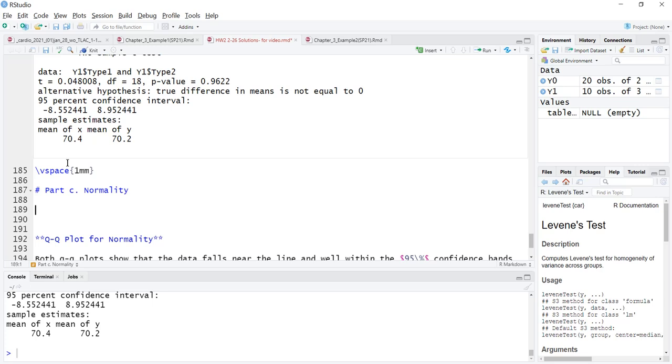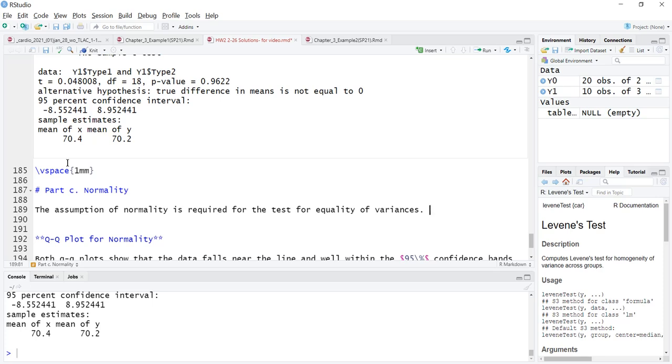Okay, so the assumption of normality is required for the test of equality of variances. Okay, so for the test for equality of variances.